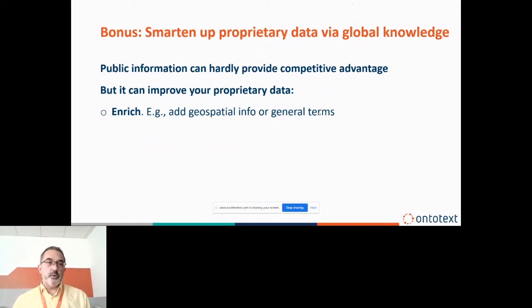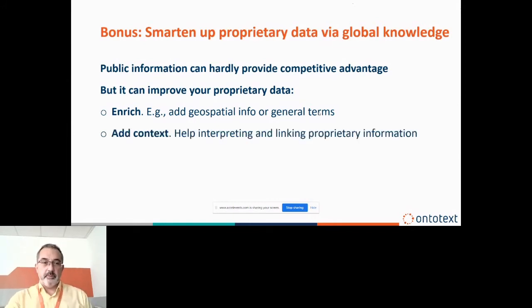There are very good quality geospatial databases that have all the information you need about all sorts of geographical locations, and you had better use them rather than having one flow in your IT organization of people who just take care of the geospatial aspect of your own database. It just doesn't make any sense. So that's one example of how you can link and enrich your data, which is what is really proprietary for your organization, with stuff that you can take from the outside to make better use of your own data.